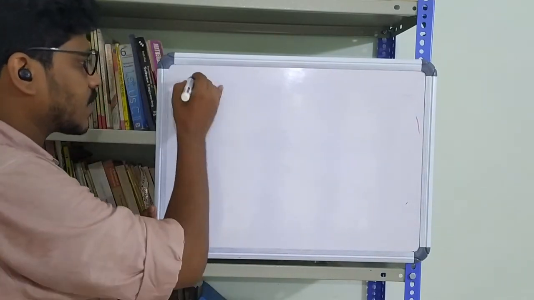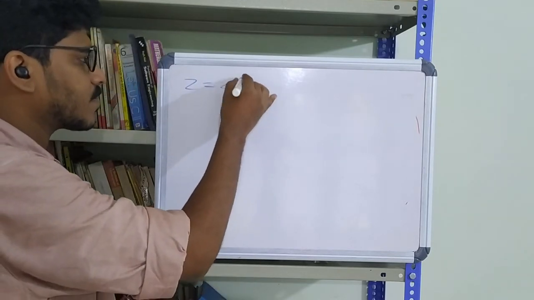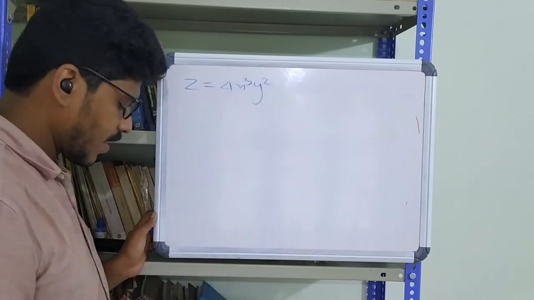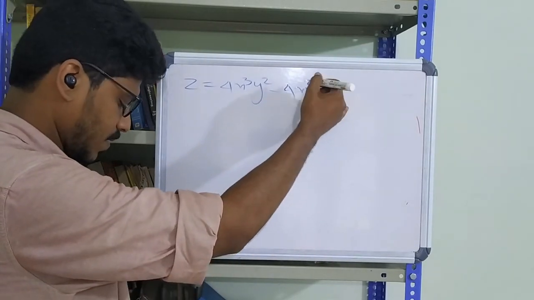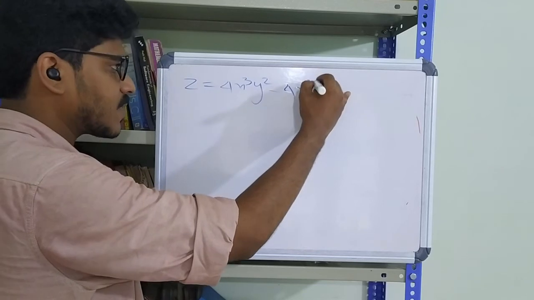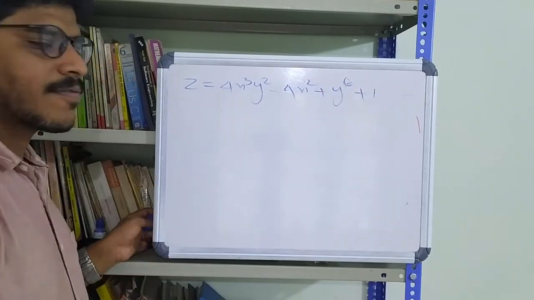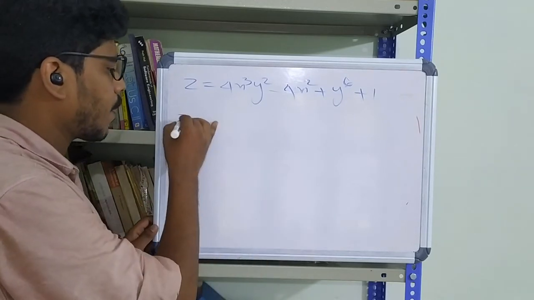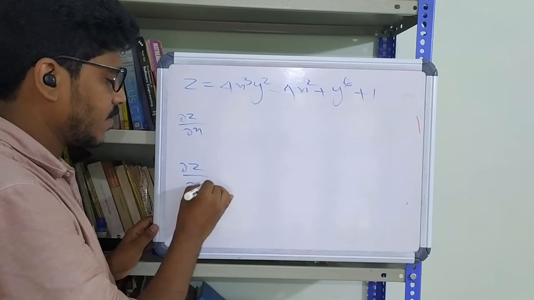Consider a function z equal to 4x cube y square minus 4x square plus y raised to 6 plus 1. Find ∂z/∂x and ∂z/∂y.